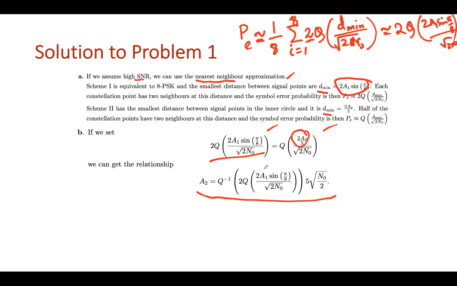If your values are given for A1 and N0, then you can easily calculate A2, but otherwise you can give this expression like this. You take the Q inverse of this quantity, and then A2 can be written in terms of A1 like this.